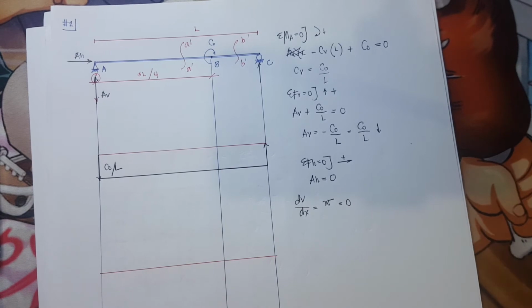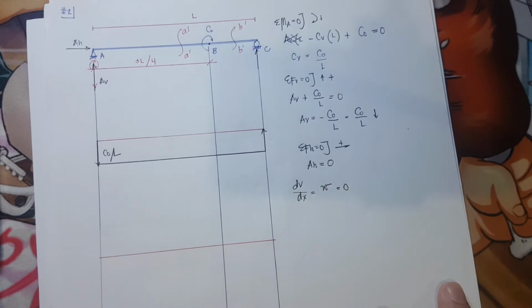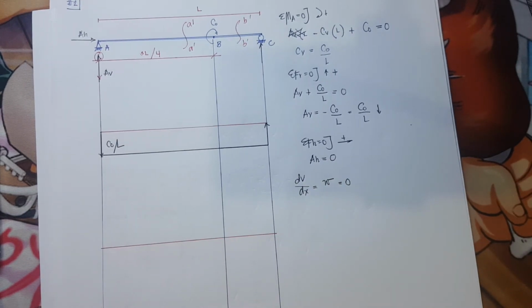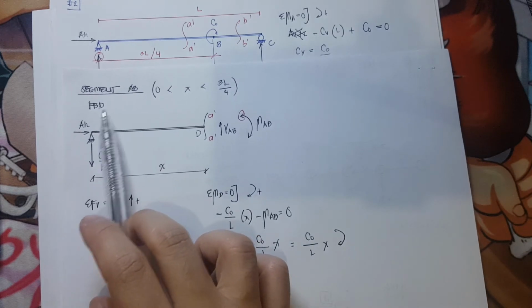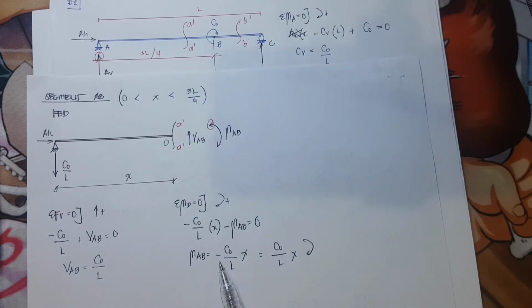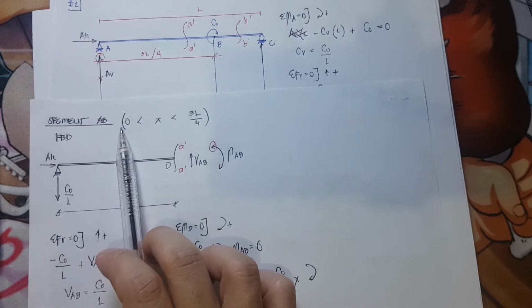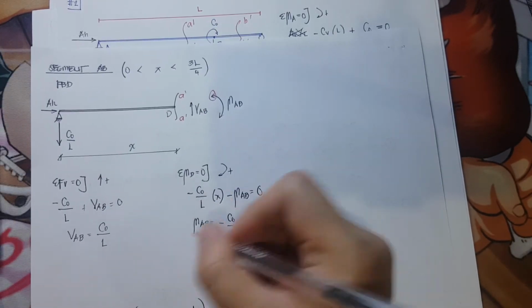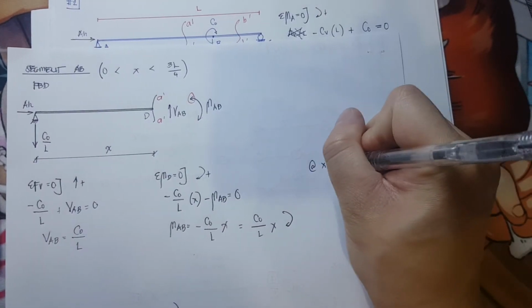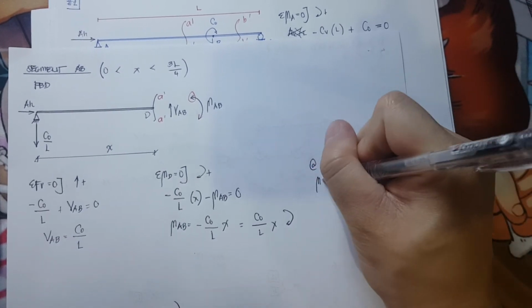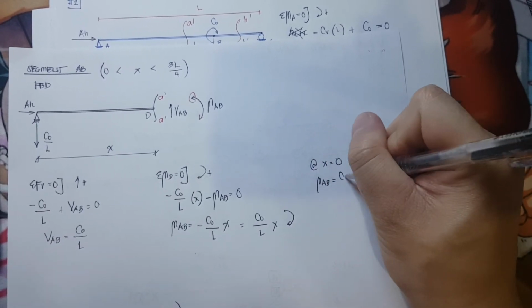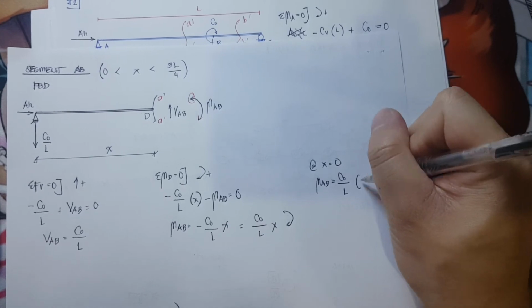Next, we now have our moment diagram. So for the moment diagram, we have here from segment AB, it is negative C's of naught over L times x. So if x is equivalent to 0, MAB is equivalent to C's of naught over L times 0.